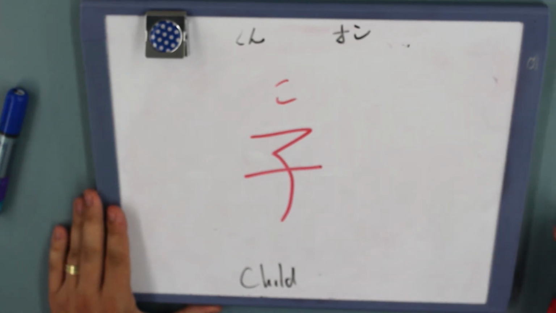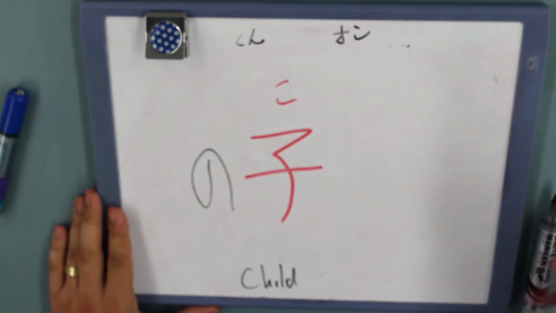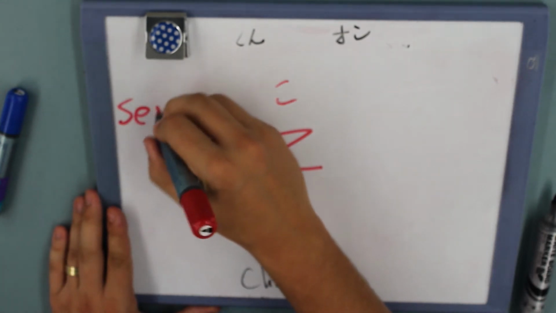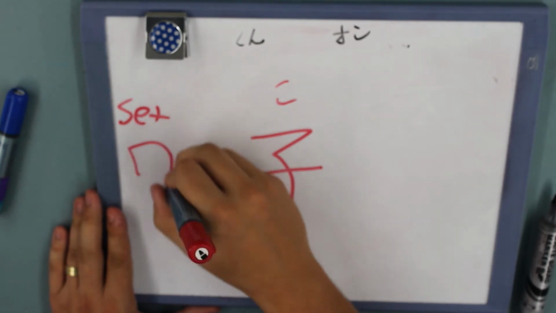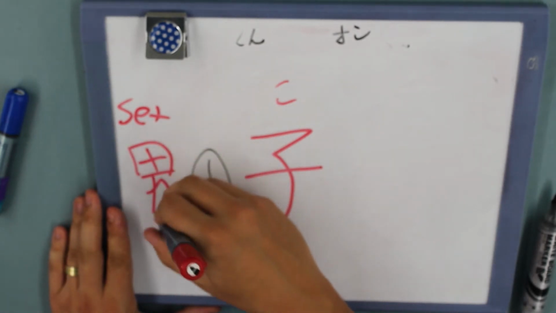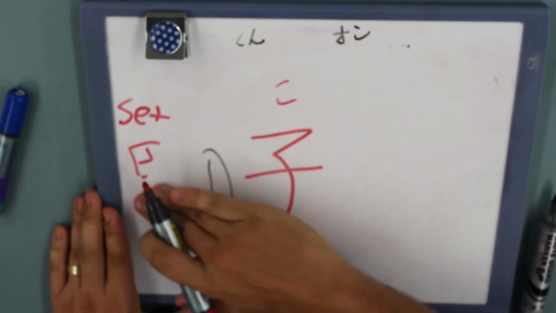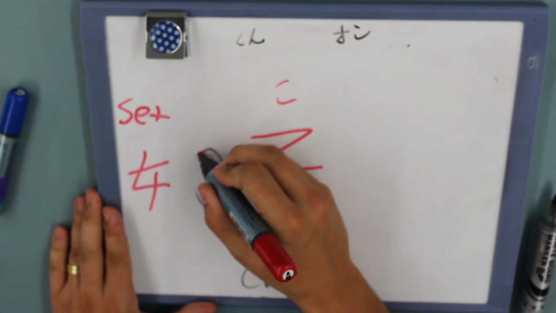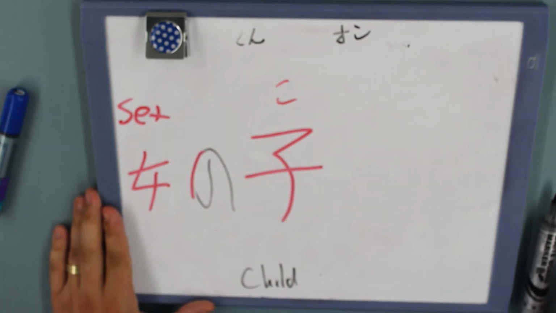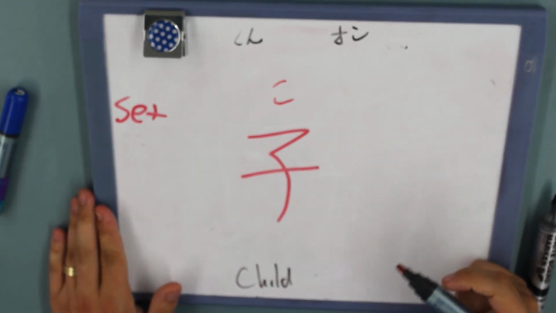When talking about a boy or a girl, you would put no in front of ko along with the sex or the gender. So you could have otoko no ko being a boy, a young boy, or you could have onna no ko being a young girl. So ko means child.